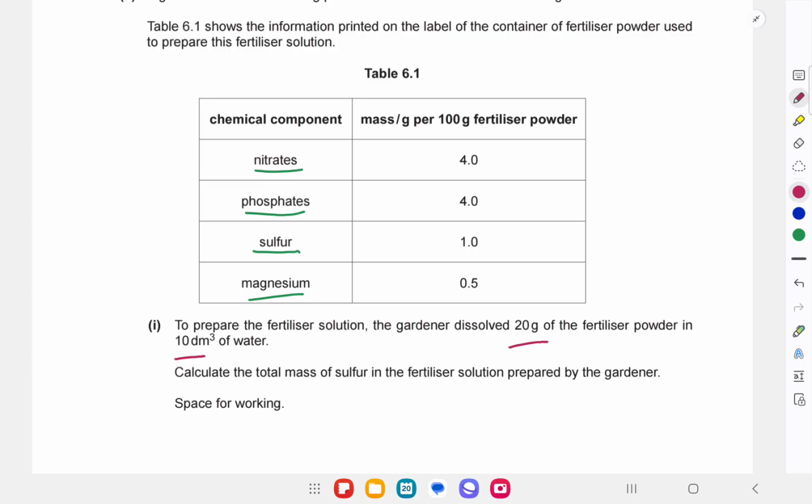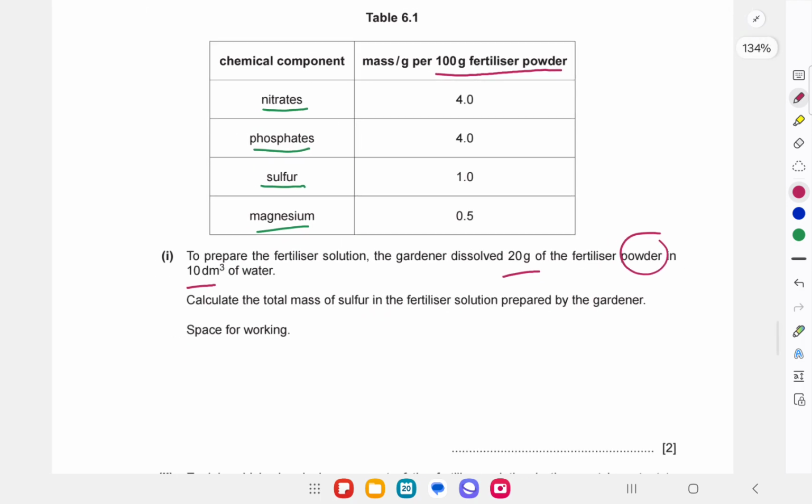Okay, so 20 grams of fertilizer powder. So these are the masses of substances in 100 gram of fertilizer powder. So in 20 grams we have to calculate the amount of sulfur in 20 grams of powder.